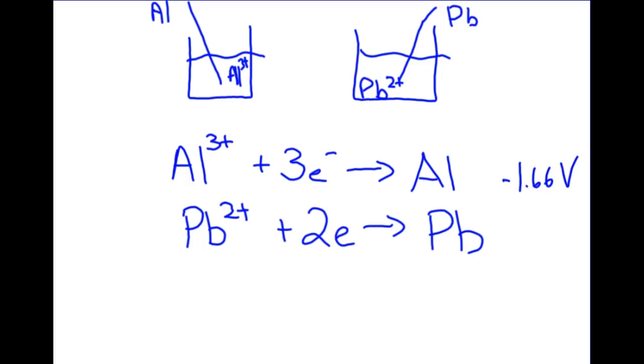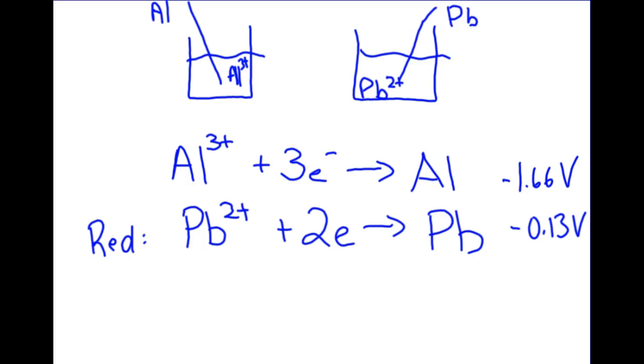If we go up to the lead, which one is higher? The bottom one. Okay, the bottom one is higher in your standardized table, which means that it is going to be the reduction reaction.